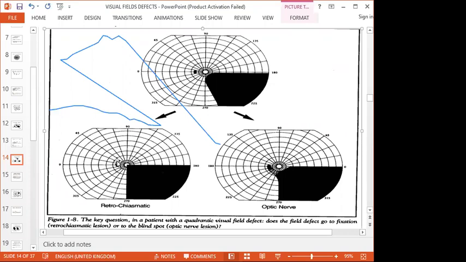So if the lesion is going to the macula, then you follow this. It's going to fixation because we fixate with the macula. So a quadrantic lesion, does the field go to fixation, a retrochiasma lesion, or to the blind spot, optic nerve lesion. Blind spot is optic nerve lesion.